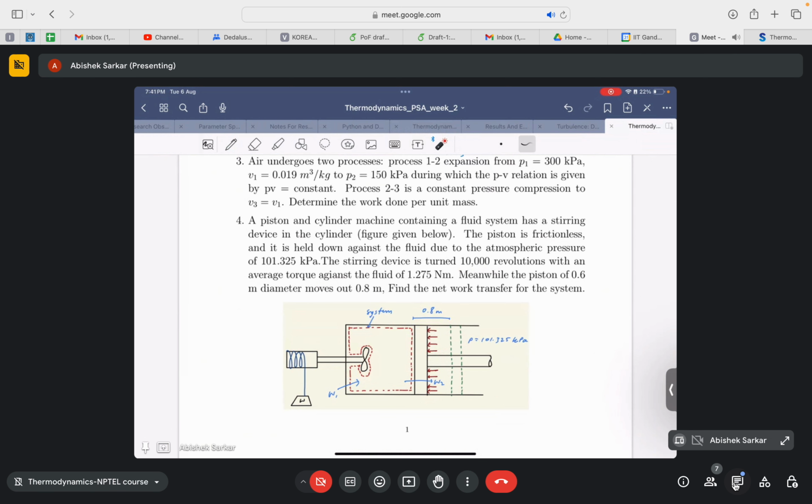So let me explain the question. Since the question is visible on the screen, you can take the numerical values and try to start solving it. But for those who find it a bit difficult to understand the question, I will try to make you understand.